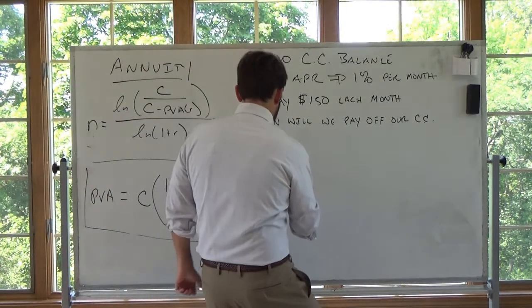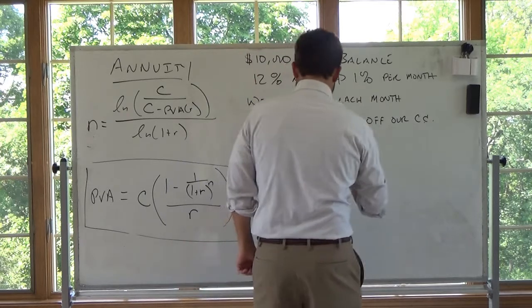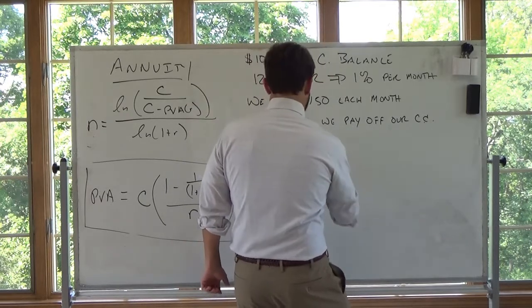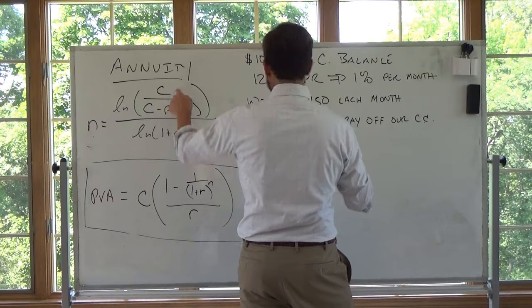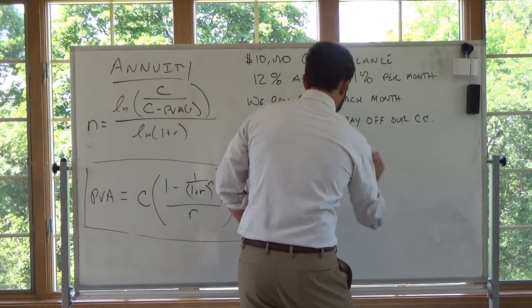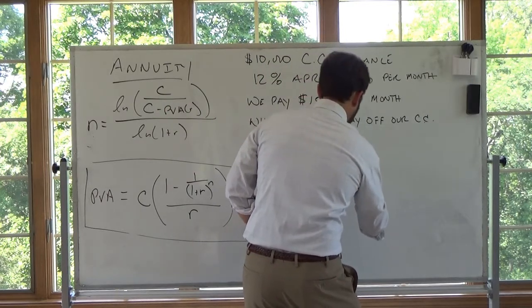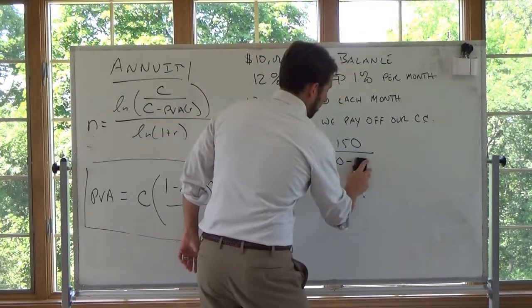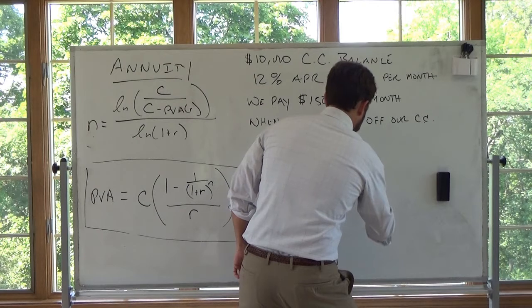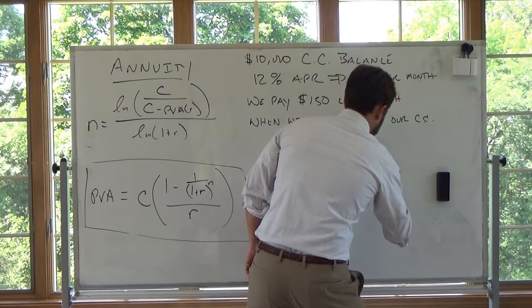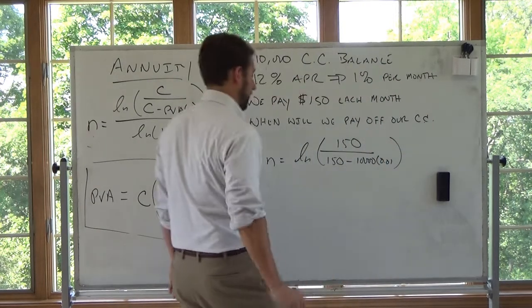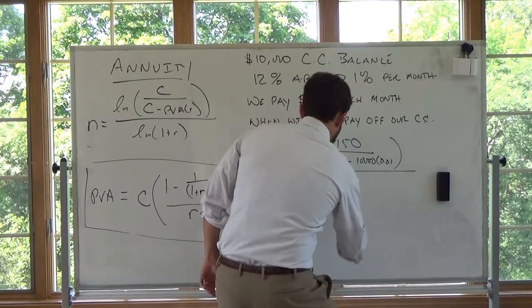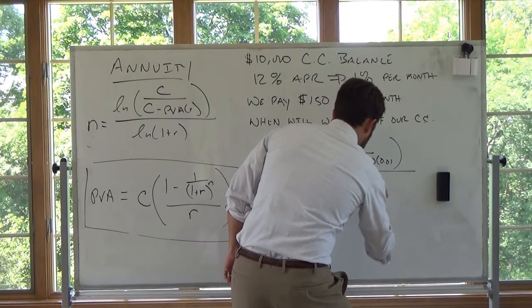So we have N is equal to natural log of C, 150, divided by 150 minus 100. So in other words, this is 10,000 times 0.01, right? Divided by ln 1.01.